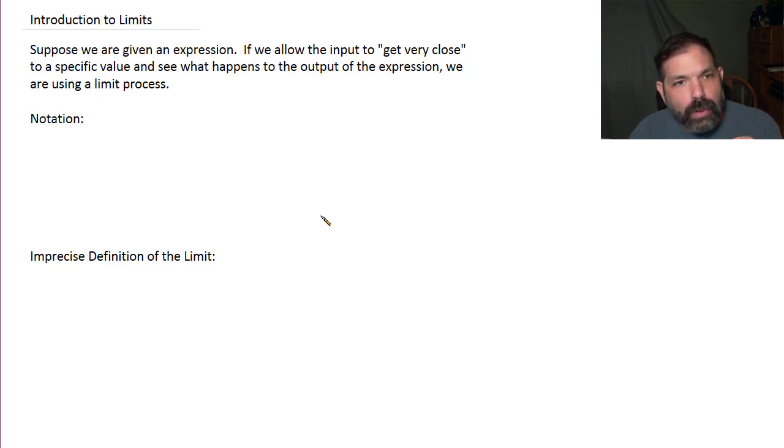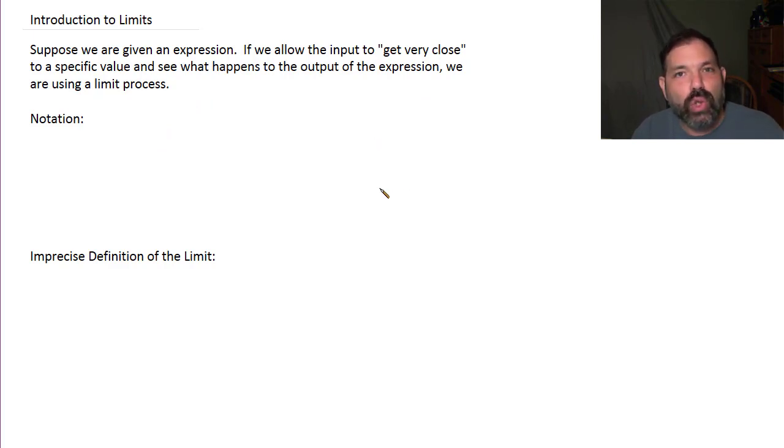So suppose we're given an expression. If we allow the input to get very close to a specific value and see what happens to the output of the expression, we're using a limit process. Now I said get very close. What does that mean?